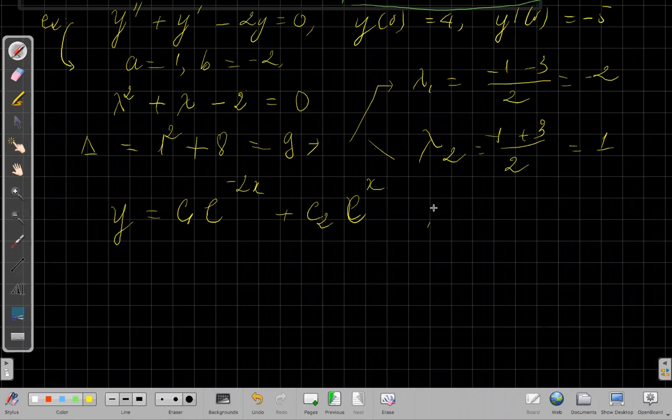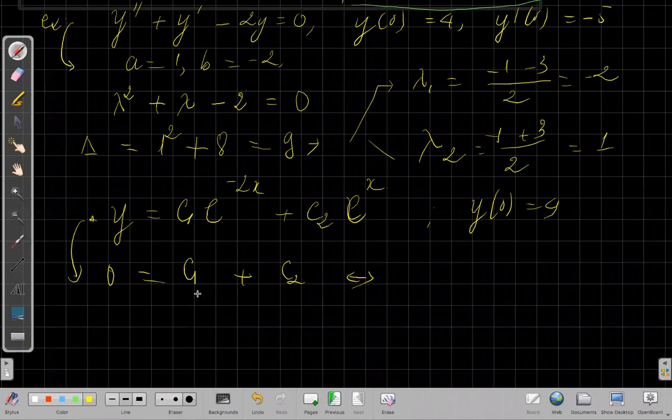So we have the initial condition, remember, y(0) equal to 4. So using this general solution, we get c1 plus c2 equal to 4. So we can find a specific value of the arbitrary constants c1 and c2.